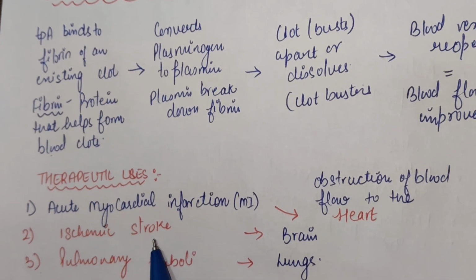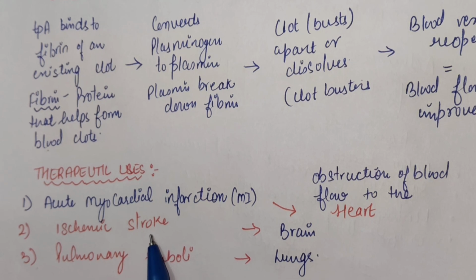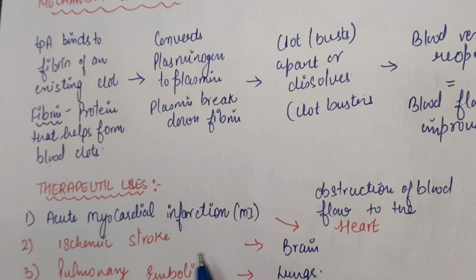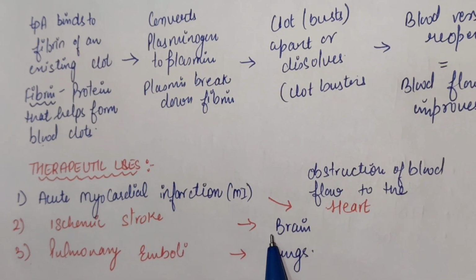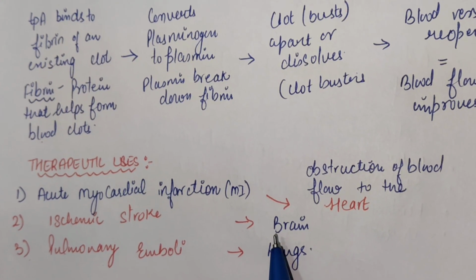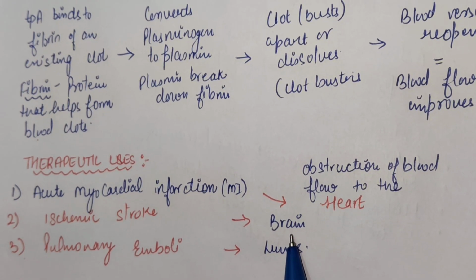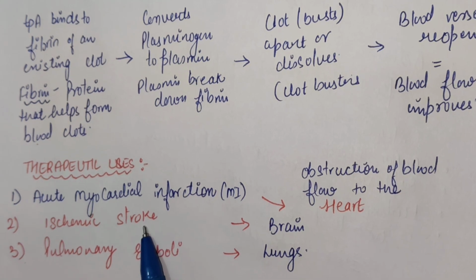Ischemic stroke is due to a lack of oxygen supply to the brain's blood vessels, where due to fatty deposition a blood clot forms. So it is used in ischemic stroke also.